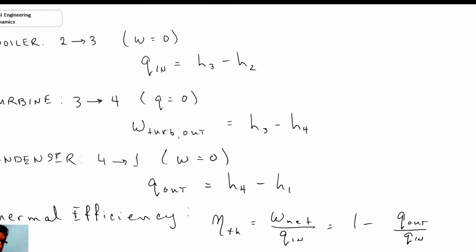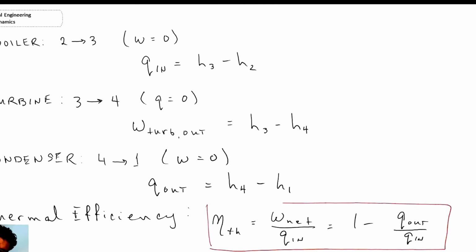If you're given a Rankine cycle, you can determine all of the different enthalpies and plug them into these equations. You can get work net, so you'd have to evaluate both of the work terms, the turbine out and the pump in. The heat in, or if you know Q out and Q in, you can also determine the thermal efficiency.